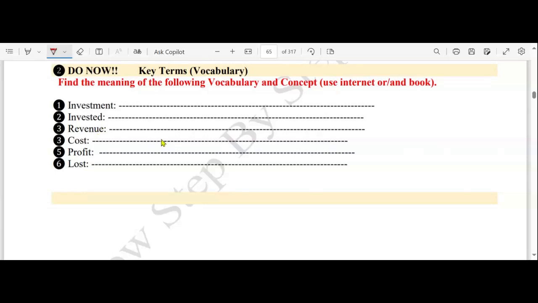What's revenue? And cost? Profit? Loss? Okay, in English.